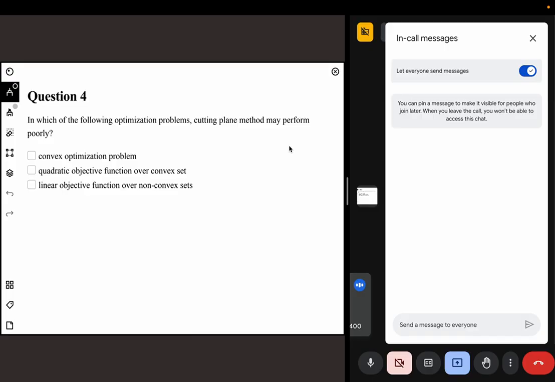So for which of the following optimization problems may the cutting plane method perform poorly? What are the assumptions that we have used in the cutting plane method? The whole idea is you start with some discretization and then you need to find a solution, and if the solution is not lying in the original feasible set, then you have to somehow refine your original discretization.